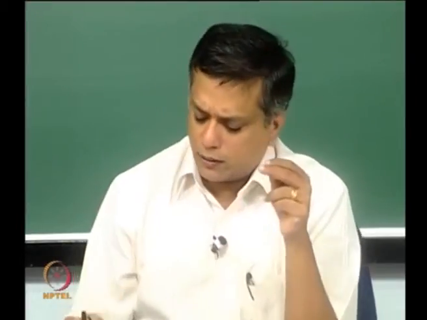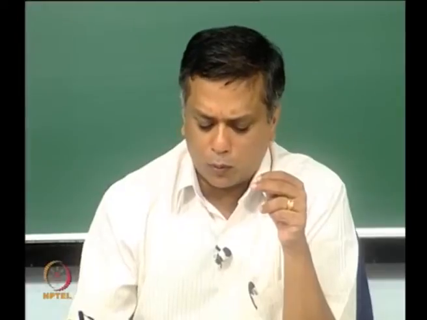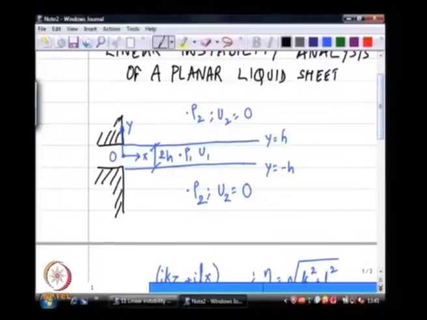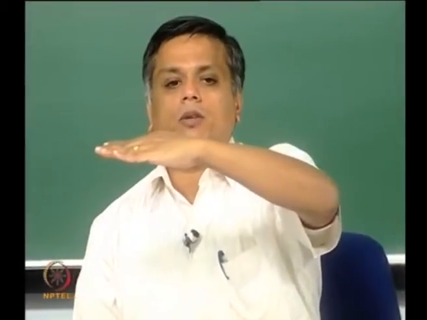Now, let us take one more extension, sort of one more thought experiment. Let us say u1 is the magnitude of the velocity in the x direction, and I am going to add another v1 as the magnitude of the velocity in the z direction. So, this sheet of liquid coming out of a thin slit is moving in the x direction with a velocity u1 and in the z direction with a velocity v1, but the slit itself is infinite in the z direction.